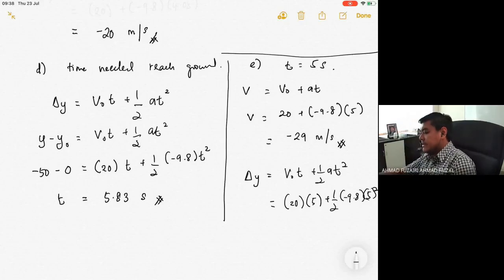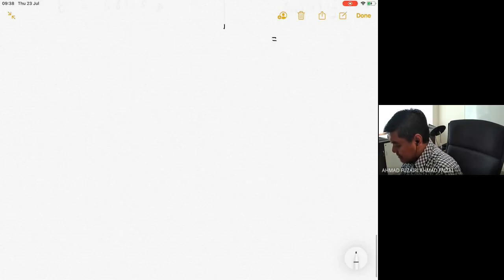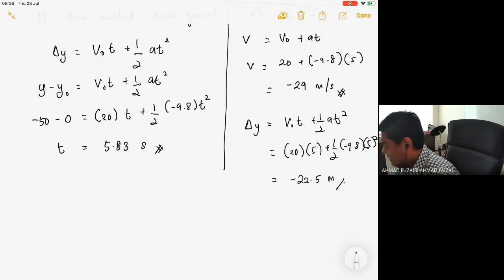So masuklah dalam equations and you boleh calculate. So lebih kurang 100 tambah dengan 4.9 kali, so dapat lebih kurang negatif 22.5 meter.